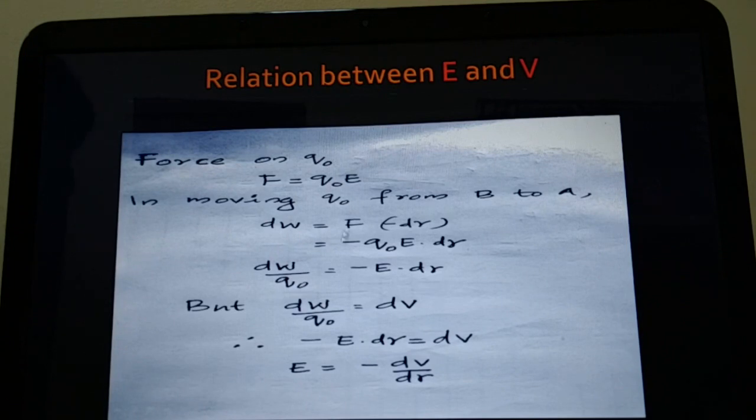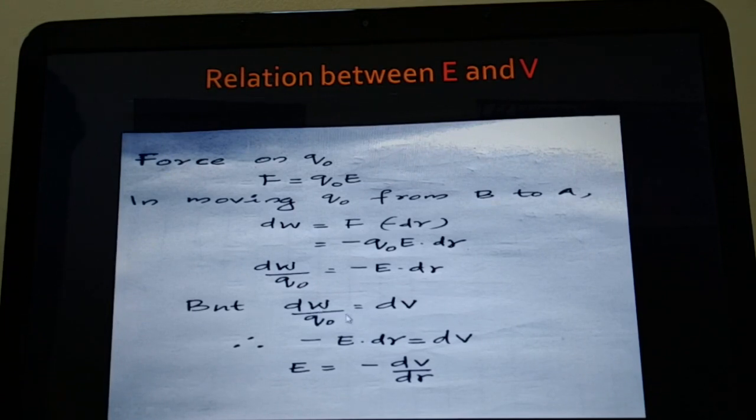From this equation, dW by q0 is equal to minus E into dr. But dW by q0 is the work done per unit charge. By the definition of potential difference, dW by q0 is dV, the potential difference between those 2 points B and A. Is it clear? dW by q0 is the work done per unit charge.